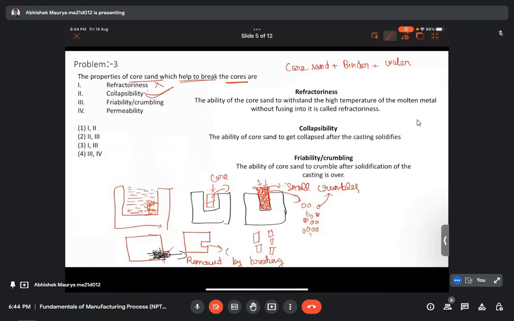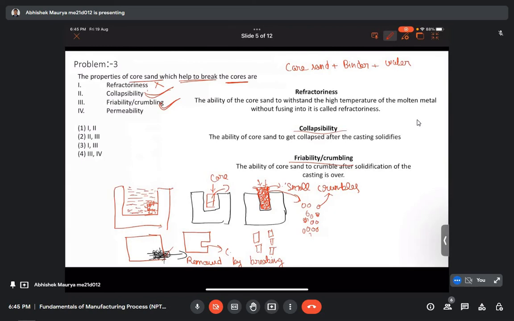But now we have to break it into very small parts, and those parts are called crumbles. So friability and crumbling are very similar, with very small differences, but they are both related to the breaking of the core. That's why these two options are correct. And what happens to the third option? It is permeability.